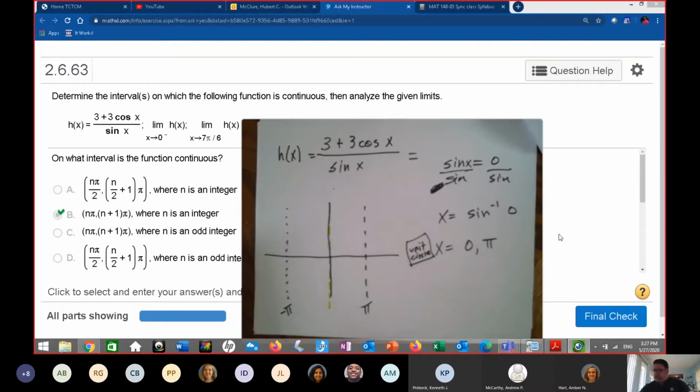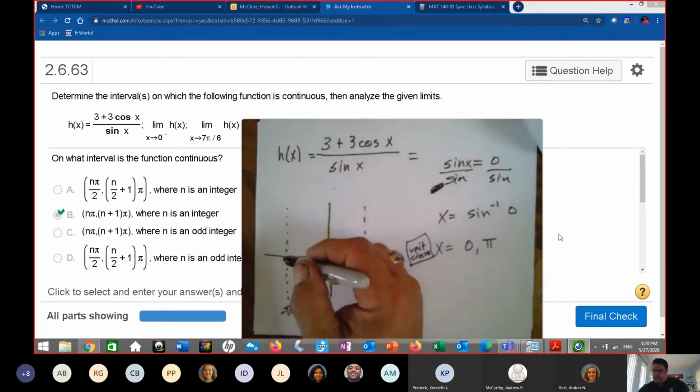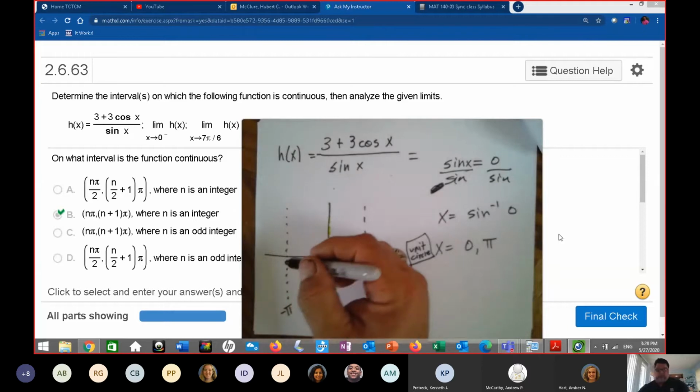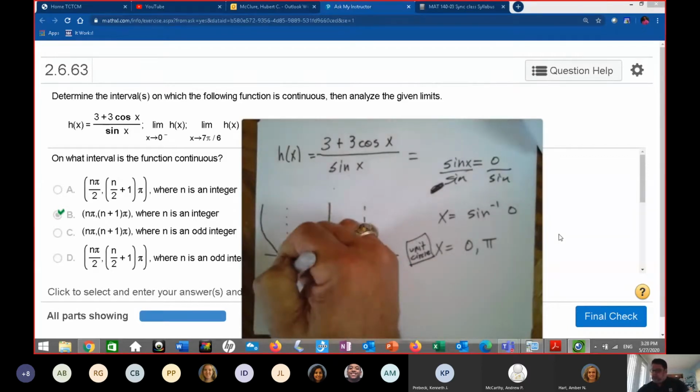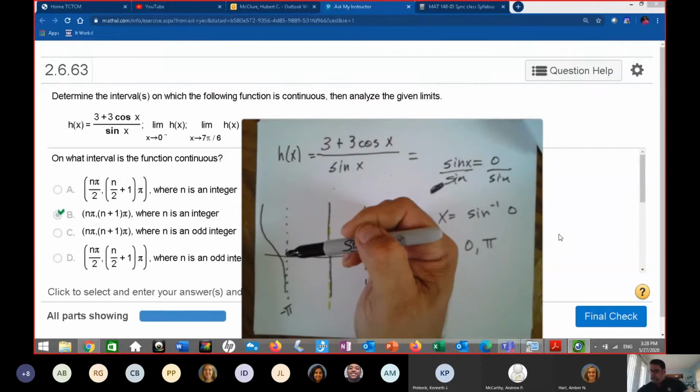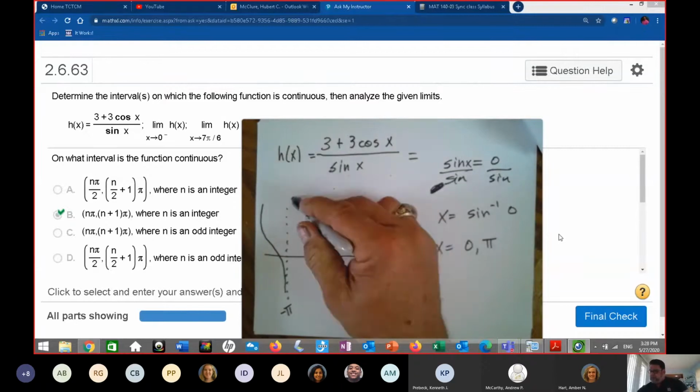All right, so this looks like this, something like that, something like that, something like that, and something like that.